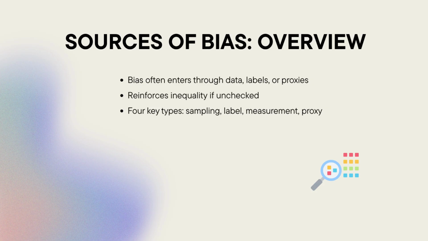For example, a training dataset may underrepresent certain groups, or a labeler may apply subjective judgments unevenly. In this lesson, we'll explore four major sources of bias: sampling, label, measurement, and proxy bias, and see how each can undermine both accuracy and fairness in real world systems.